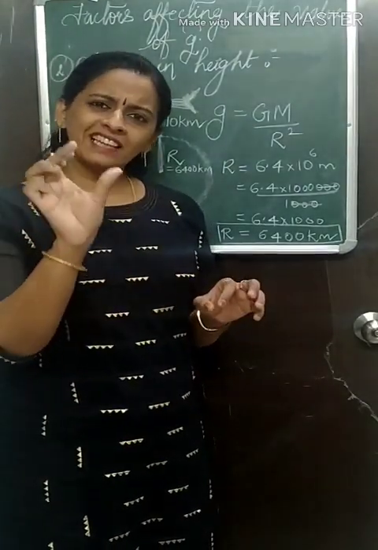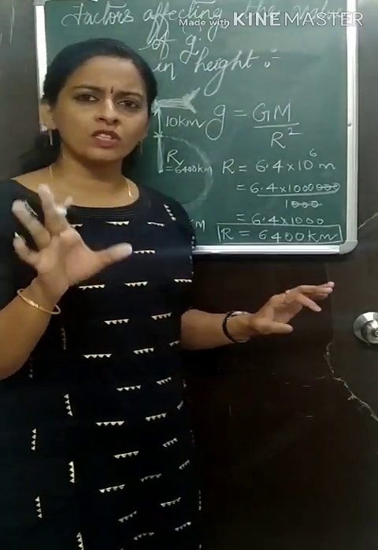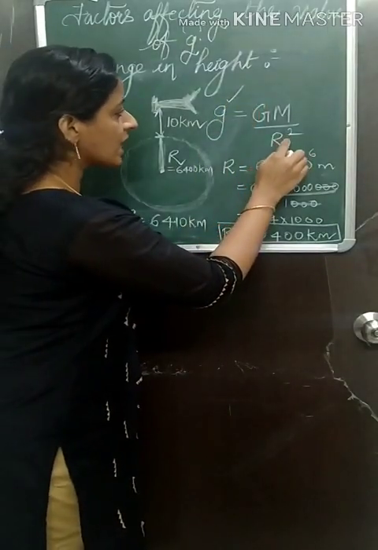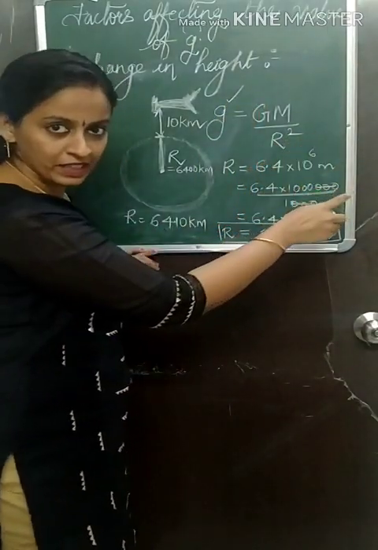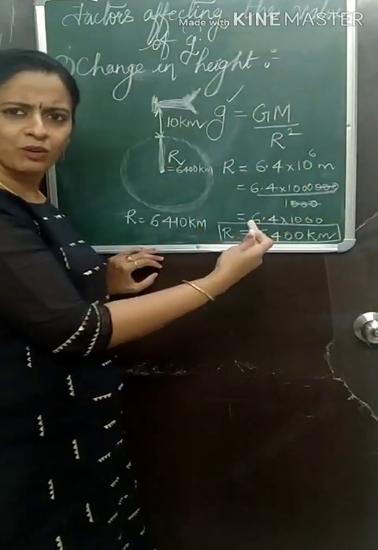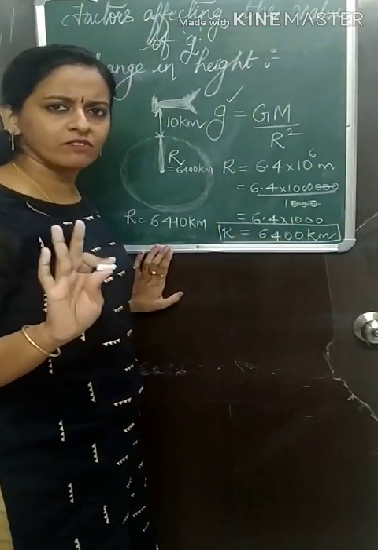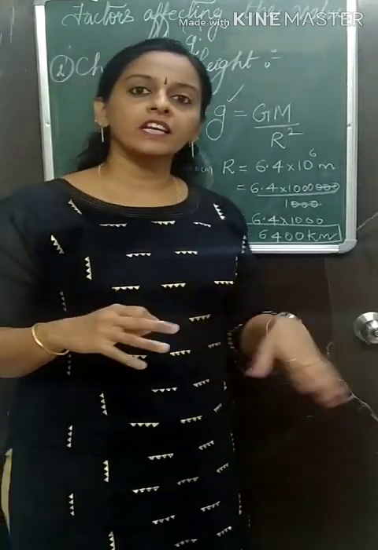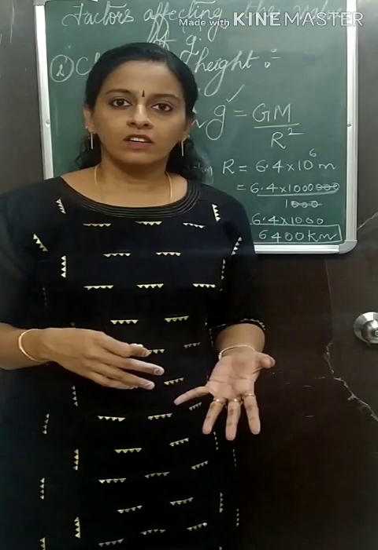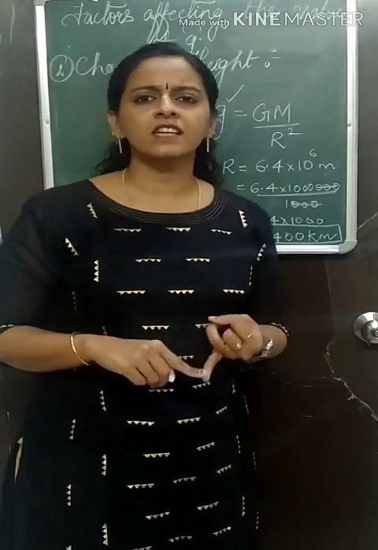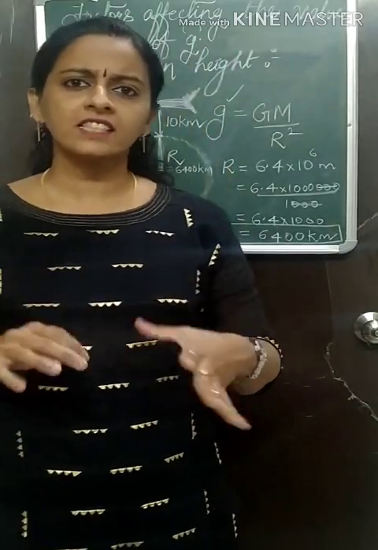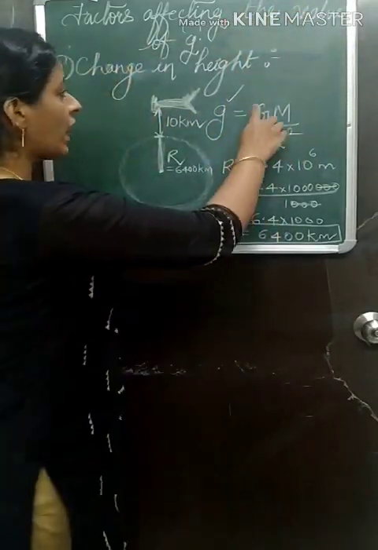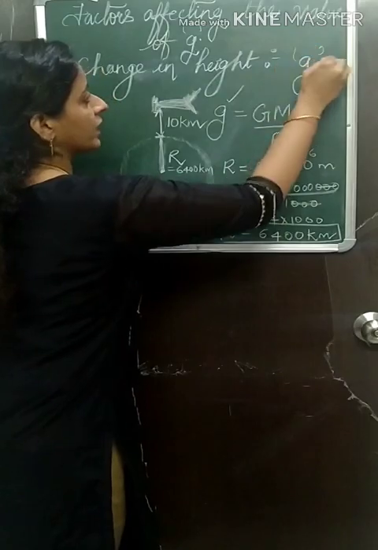So 10 kilometer difference will not cause much difference in the value of G, because it is 6400 kilometer. To that, if you add 10 kilometer only, it will not cause much difference in the value of G. But if you are talking about any satellite, it can be weather satellite or communication satellite, any satellite which is above the surface of the earth, then the value of G will be affected.